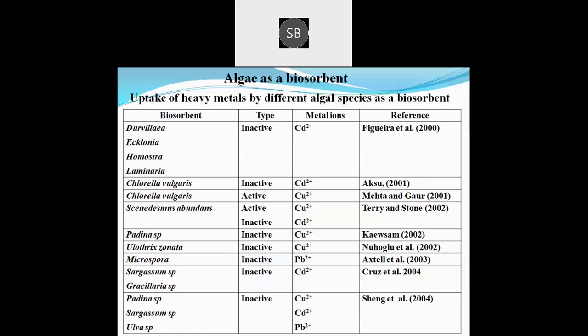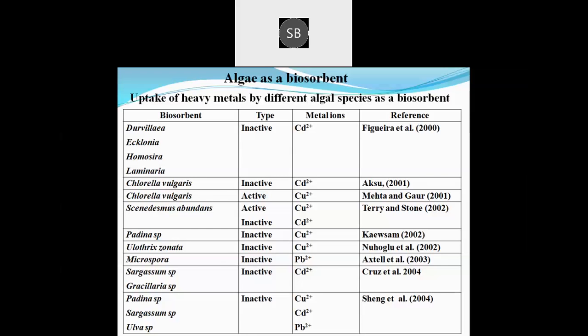So this table indicates different algal species which are used in the living, that is the active, or inactive form, like Dunaliella, Chlorella vulgaris, used for copper. Then Scenedesmus abundans. So this Scenedesmus abundans is used in both forms, active and inactive. So active form for copper removal and inactive form for cadmium removal.